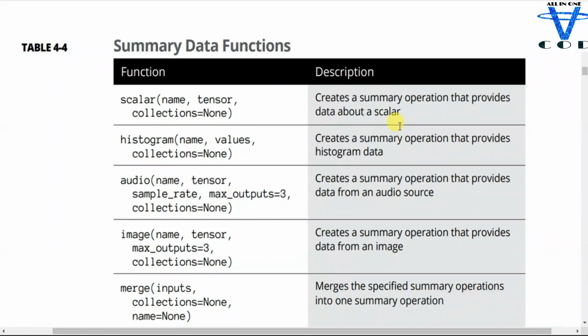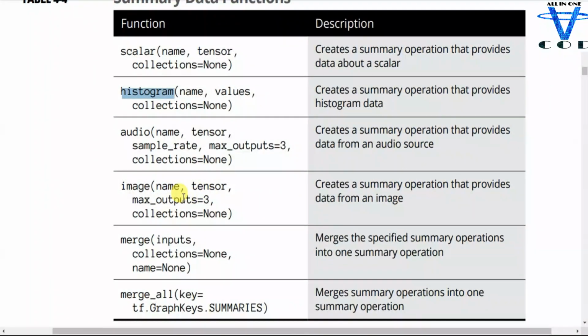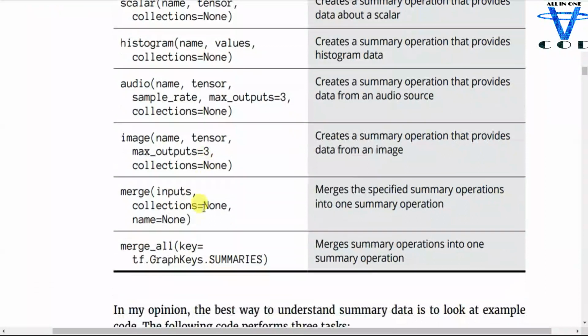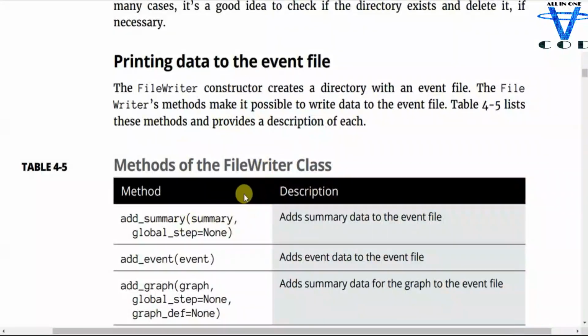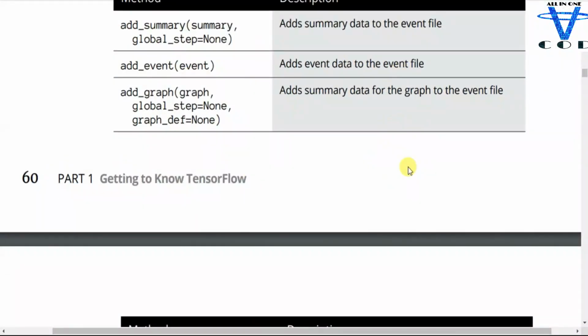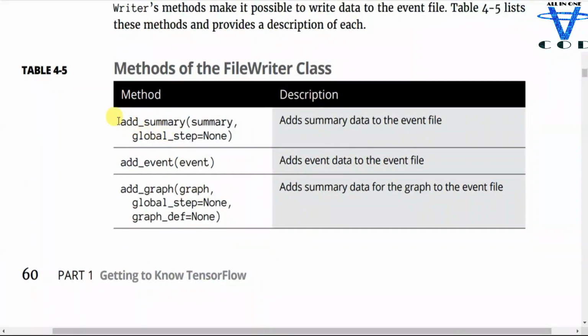The second one is histogram, create a summary operation that provides histogram data. The third and fourth ones are important, audio and image, create a summary operation that provides data from an audio source and create a summary operation that provides data from an image. I'm gonna skip all of this part because I already talked about TensorBoard, but you can try all of these functions. This is not important, but you can try it.